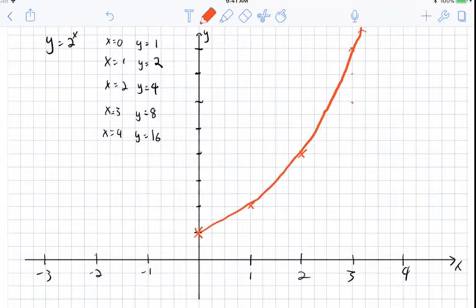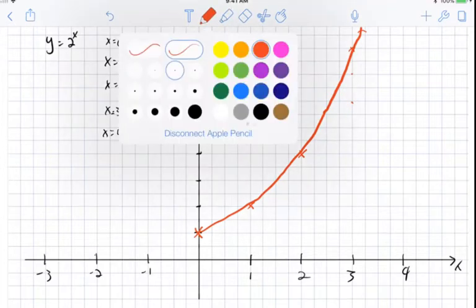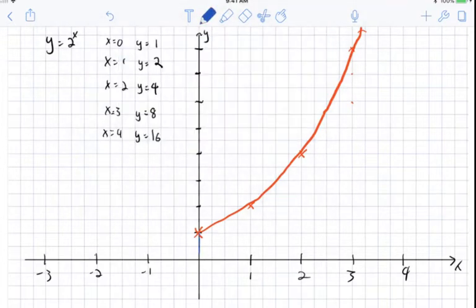I want to emphasize that whole doubling thing. So here's the deal. Let's draw a vertical line from the x-axis to the graph at each of these points. Okay?